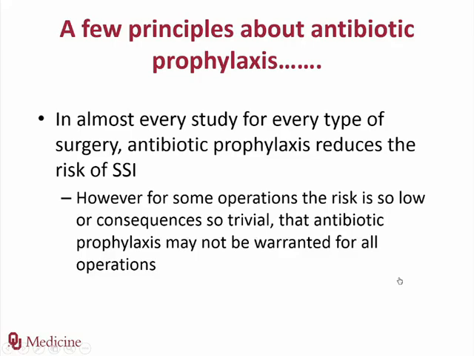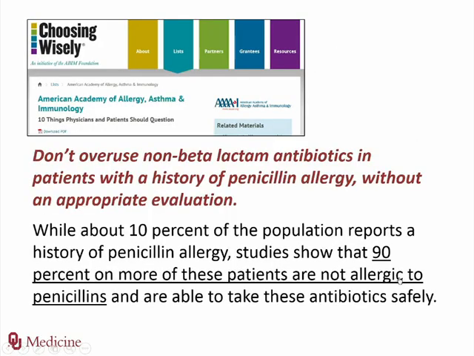But the consequences of an infection in orthopedic surgery are so high that we always give prophylactic antibiotics before the patient goes to surgery. So it's no easy decision about not every operation needs them. You have to weigh the risk of the infection, the cost of the antimicrobials, the consequences of an infection if it occurs, and the actual rate of infection.